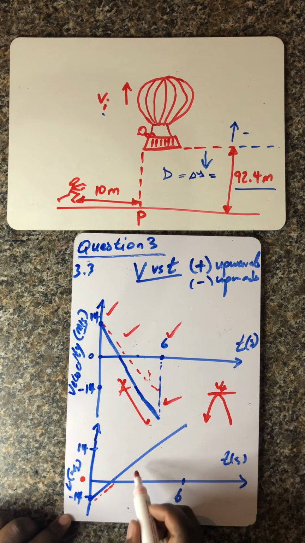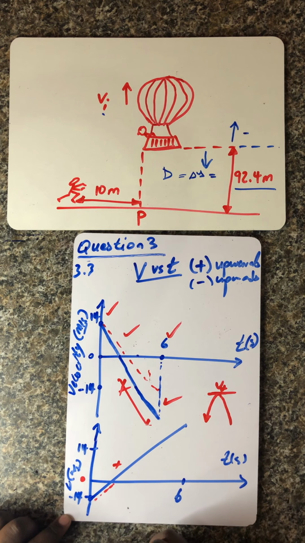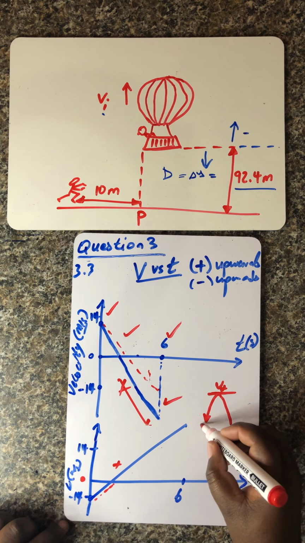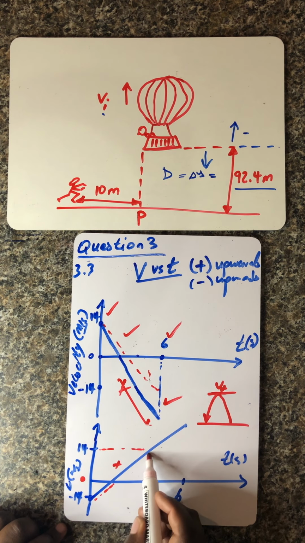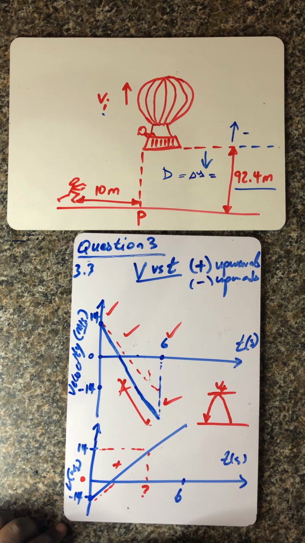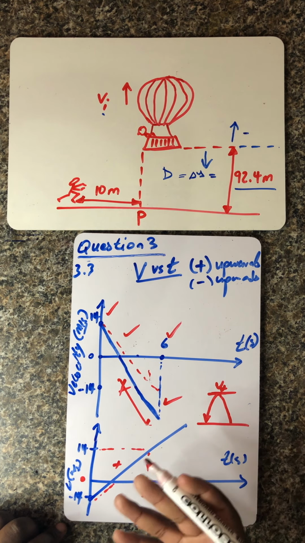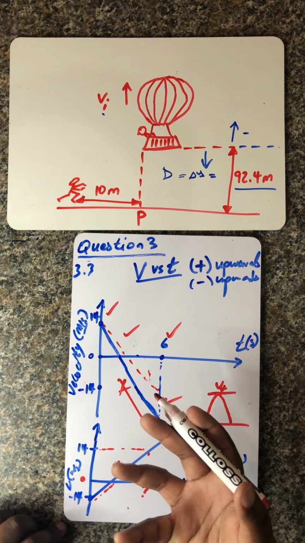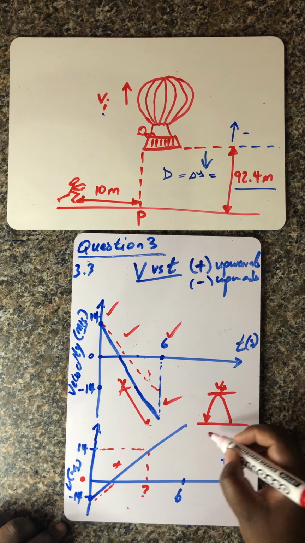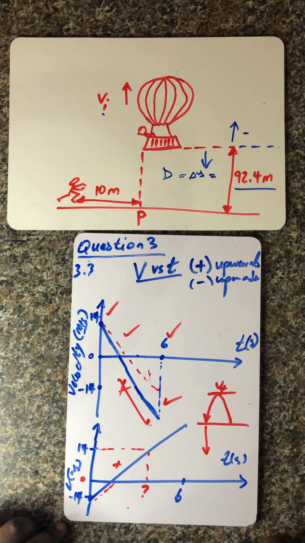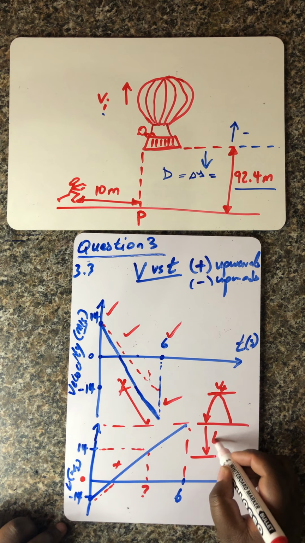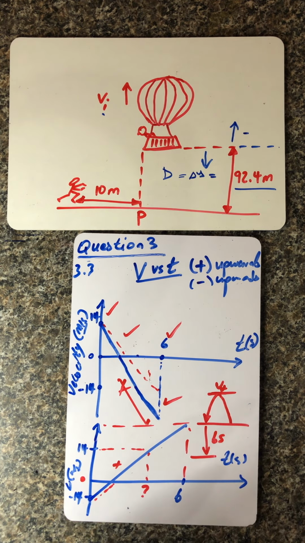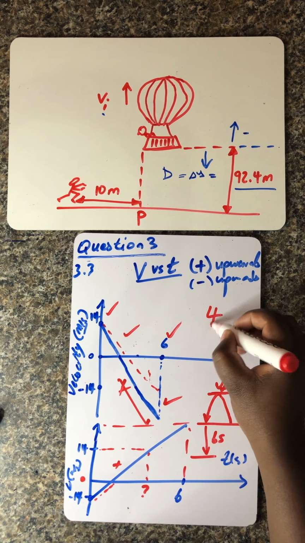That's why the velocity is now positive, up until it reaches that same level, of which we don't know the time. We can still calculate it, but the question didn't want us to calculate it. Now it continues going down, which is that point where it hits the ground after 6 seconds. Ladies and gentlemen, I hope you fully understand, and this question was allocated 4 marks, and that's how you score your full marks.